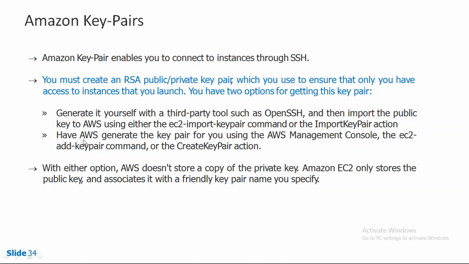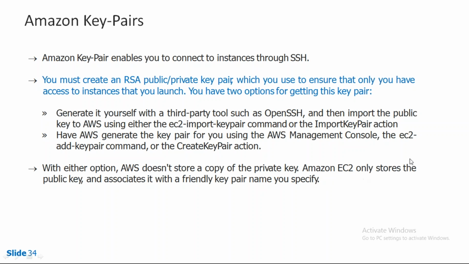And the next case, have AWS generate the key pair for you using the AWS Management Console, the EC2 create key pair command, or the create key pair action. With either option, AWS doesn't store a copy of the private key. That's another point you have to remember.